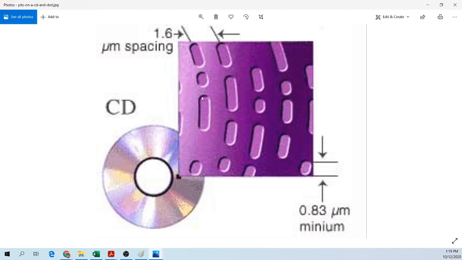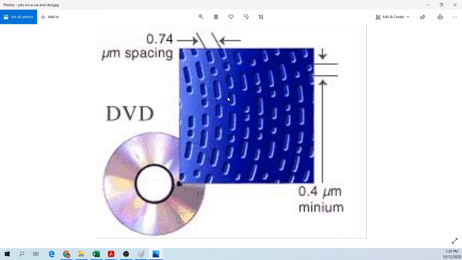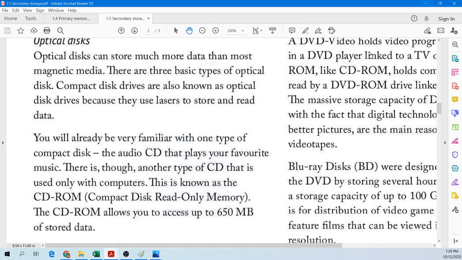So the fact that we have a pit and a land can be represented as binary, and the computer can read that and be able to read the music off of this CD. So imagine your song on your CD. This is actually what it looks like. All of these grooves that you're seeing here, these pits and these lands, that's how your data is stored on a CD.